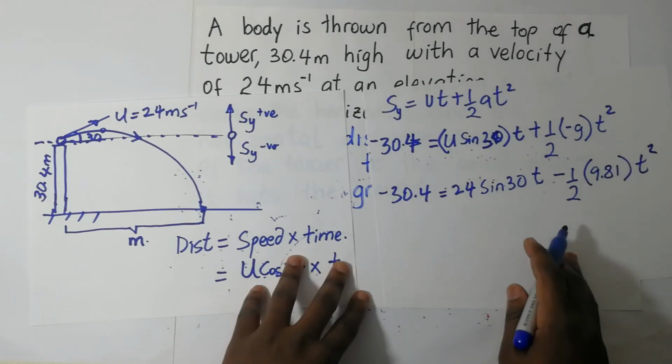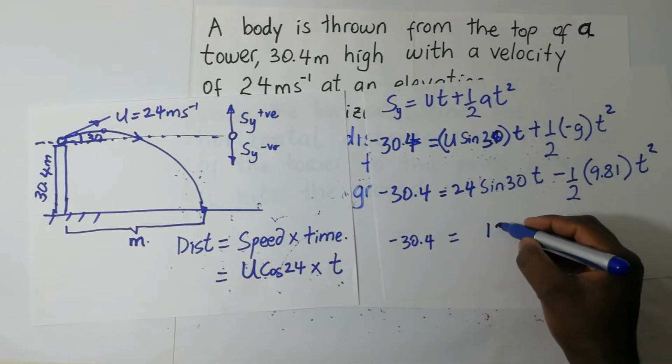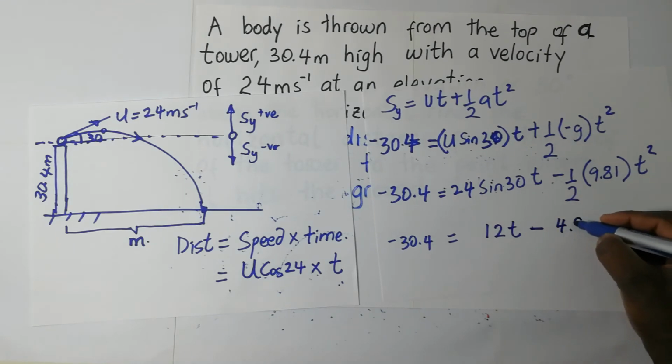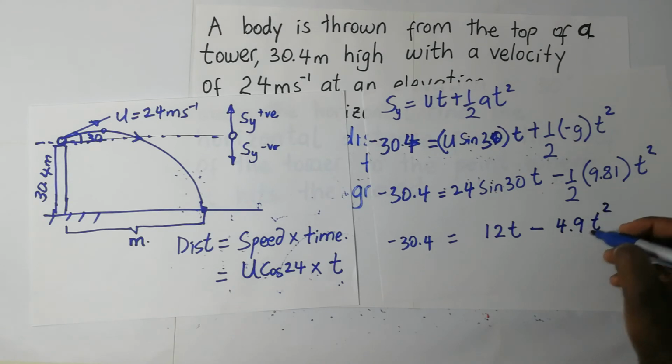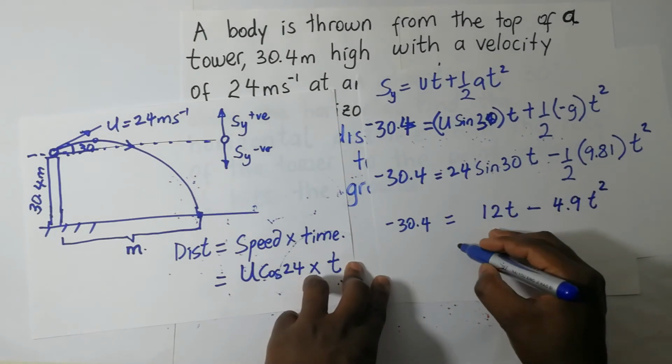When we simplify this further, this is what we come up with: 12t and 4.9t squared. We rearrange this to form a quadratic equation, as you can see.